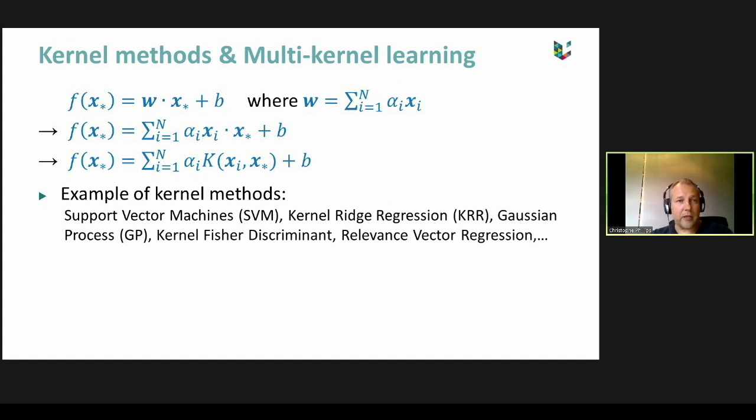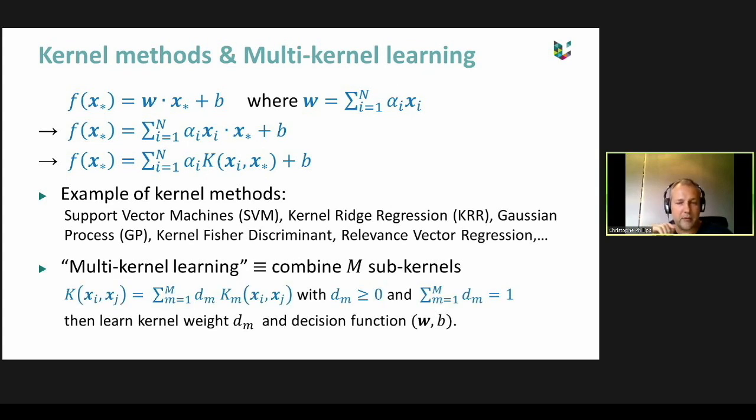The advantage of using a kernel is you can play with those kernels in clever ways. And I just want to highlight one possibility, which is to combine kernels. So you define something that is associated with subject i and subject j as the sum of two subkernels. And there are some constraints on the way you combine the kernels.